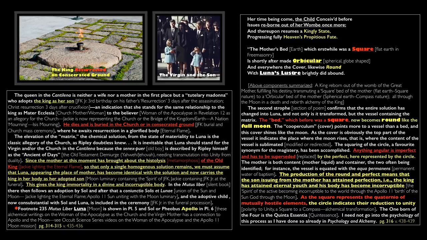And he dies and is buried in the church or on consecrated ground, so that happened at the funeral, and he waits for his resurrection. And so this mother is there for the changing of the old king, which again, the old king is Saturn, the demiurge, Jehovah, the earth, nature, the geocentric creator god, right?